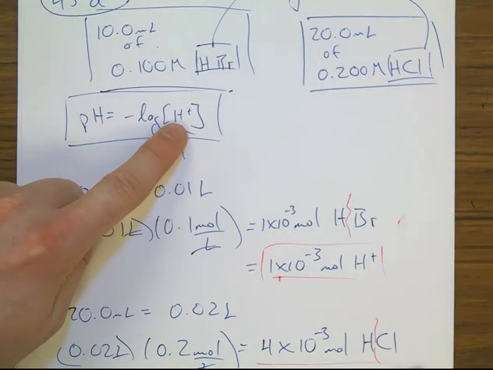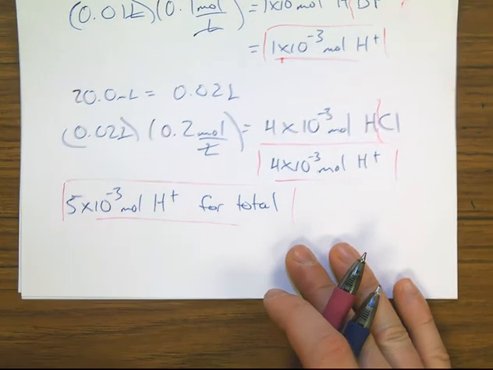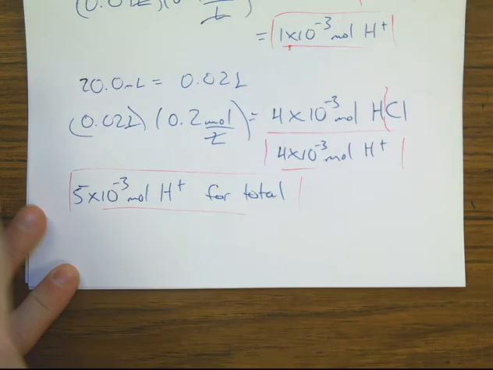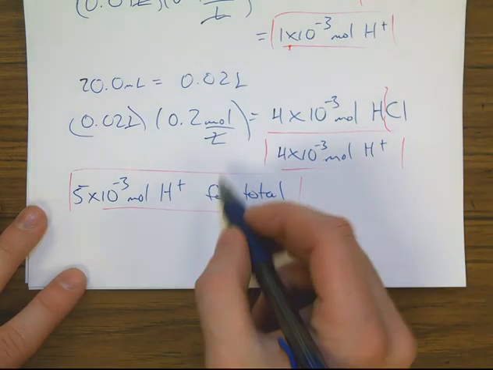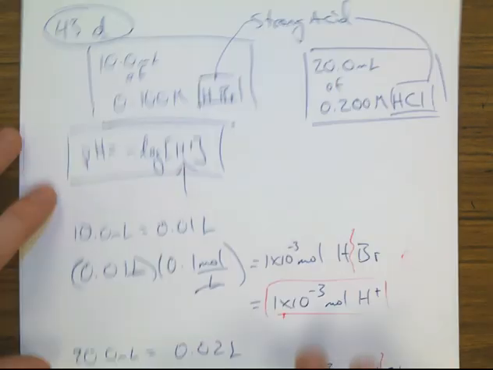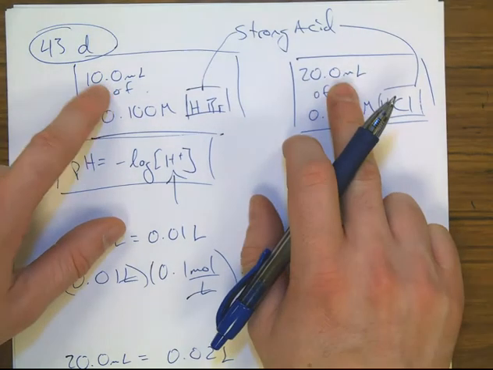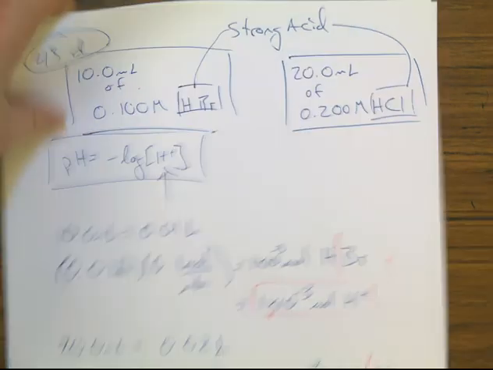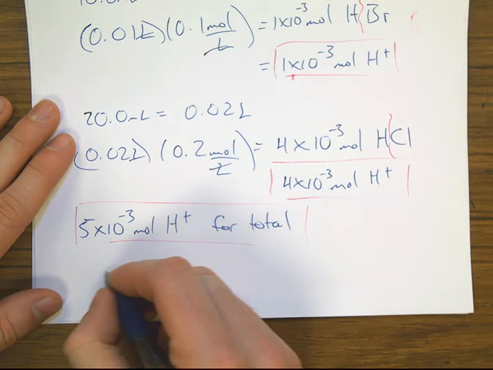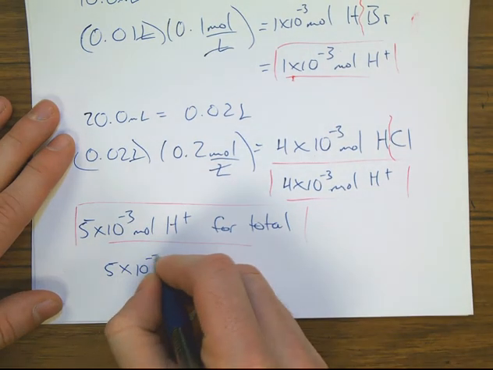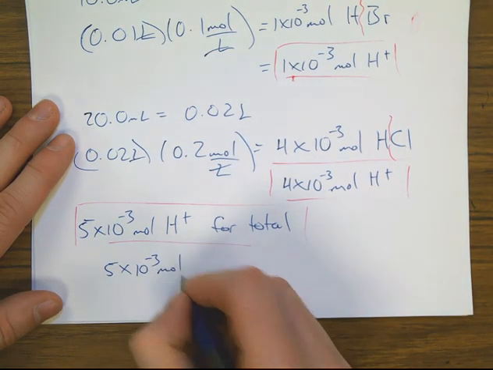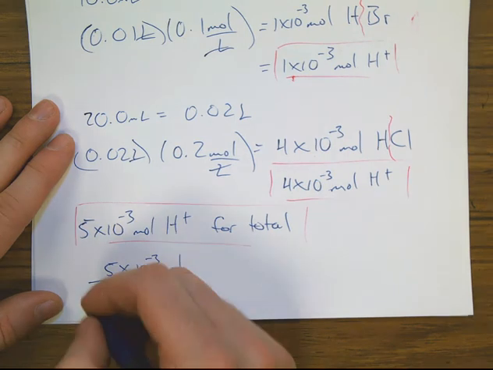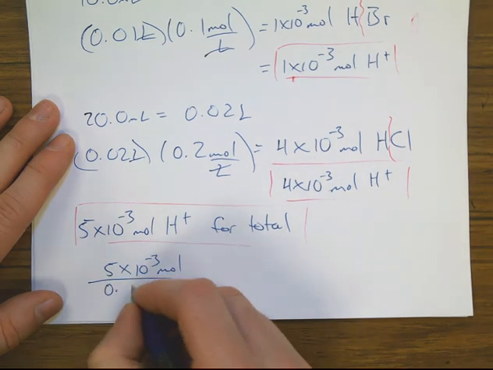Okay? Now, remember, what we plug in to find the pH, let's go back to the pH formula. This has to be in concentration. Everything in brackets has to be in concentration. I just have moles of H+. Notice it's not in brackets. So to figure out its concentration, I have to know the total volume. That's not 10, it's not 20, it's 10 plus 20, which means I have to take 5 times 10 to the negative third moles and divide it by the total volume, which is 30 milliliters, so it's 0.03 liters.